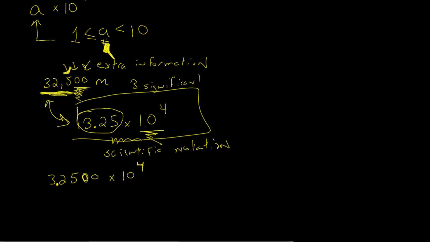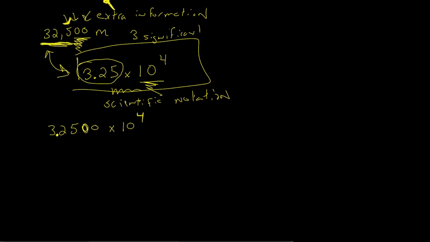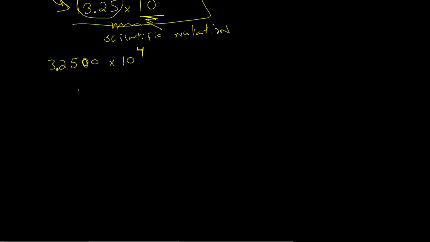And I'll show you what I mean here. And I wrote this when I wrote our places, so let me scroll down here. When I was talking about the ones place, that was 10 to the 0. I was talking about the tens place, that's 10 to the first. Talking about the hundreds place, that's 10 squared.